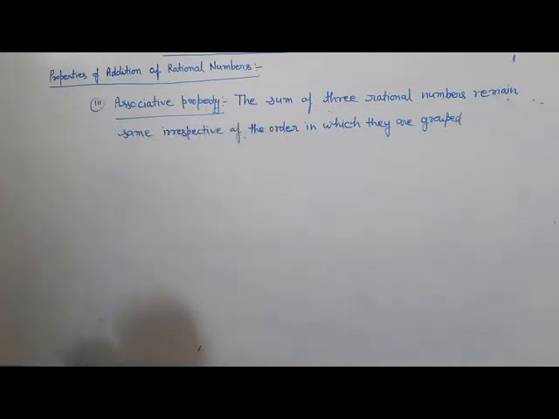In associative property, the sum of three rational numbers remains same irrespective of the order in which they are grouped.